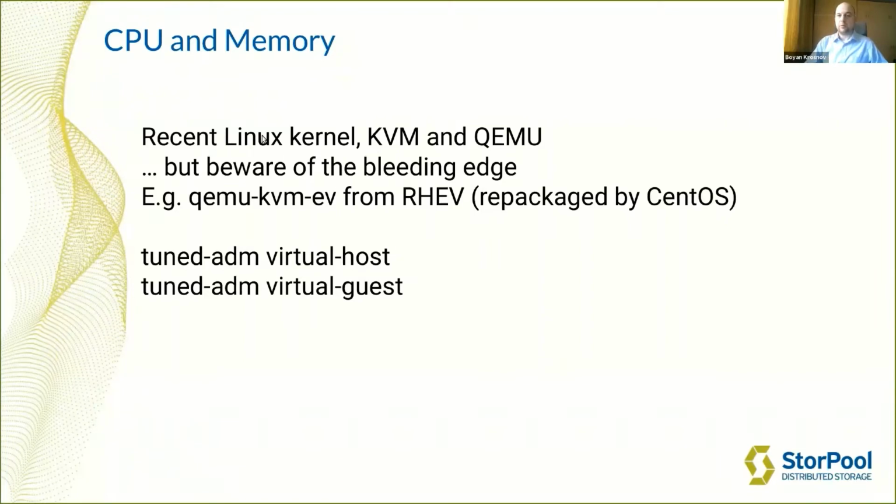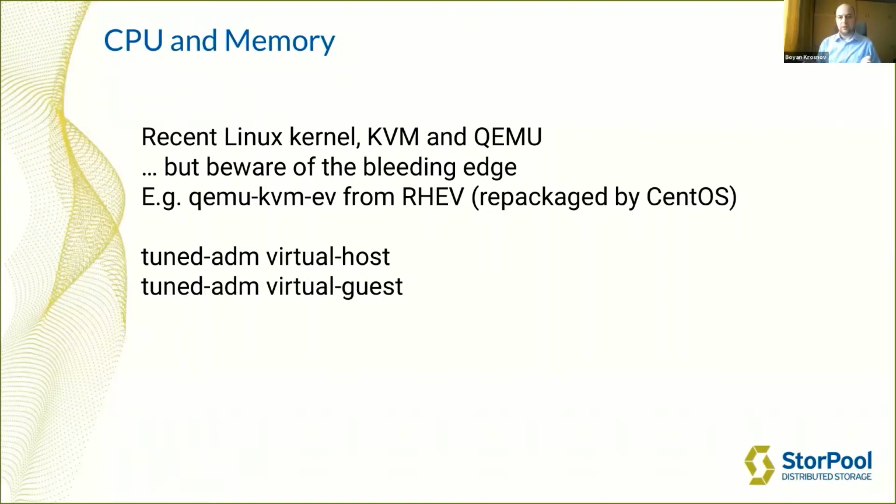You need a recent Linux kernel, KVM and QEMU, because there are a lot of performance improvements over the years in the Linux kernel. But at the same time, try not to trade performance for reliability. So you need to find a balance where you're not running the absolute bleeding edge, because there are a lot more issues in there.